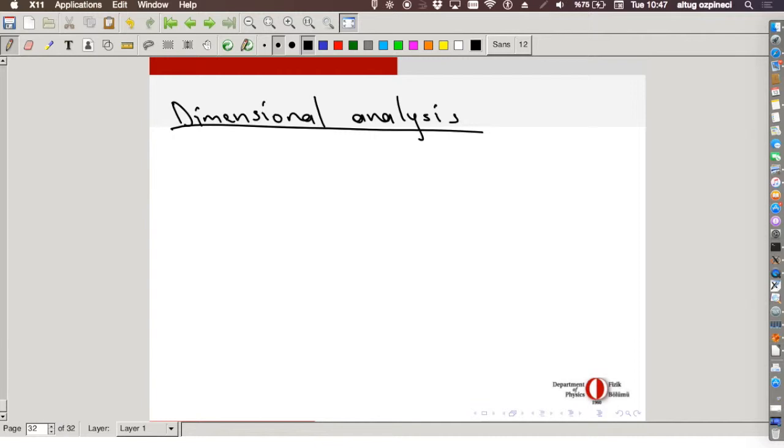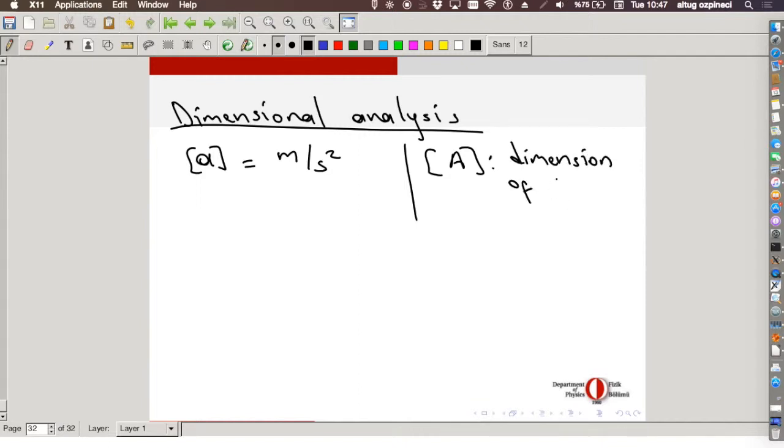One of the parameters related to our problem is the acceleration, and its unit is meters per second squared. For notation, I will use this bracket notation to mean the dimension of A, whatever A is. In this case, if it's acceleration, its dimension is meters per second squared.